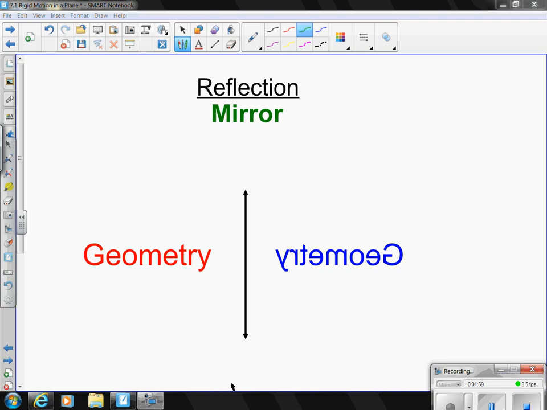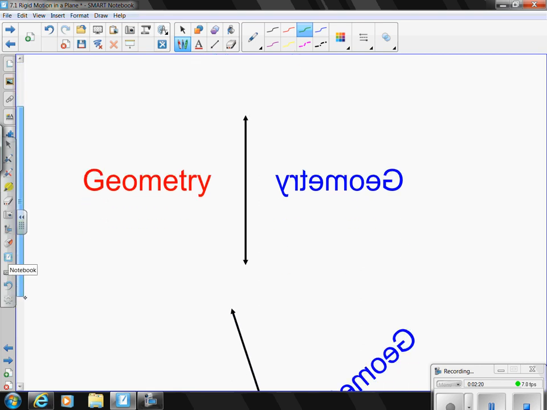And now there are types of isometries that we're going to be talking about. The first one's a reflection. It's kind of like a mirror image, where in this case we take the word geometry and we reflect it over this line, and that's the mirror image, or the reflection.